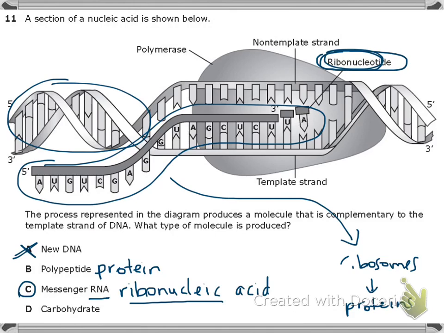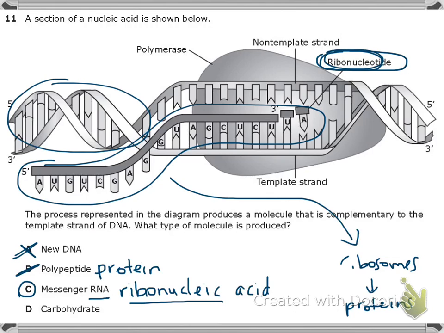But this molecule is not a protein itself. It is a code that will tell the ribosomes which protein to make. So B is not correct, but it could be a trick answer there just because a lot of us learn that DNA does code for proteins.